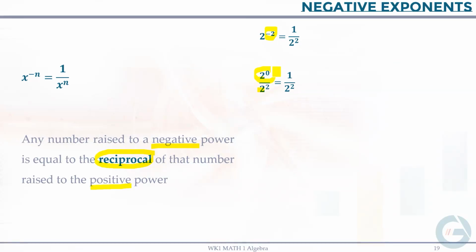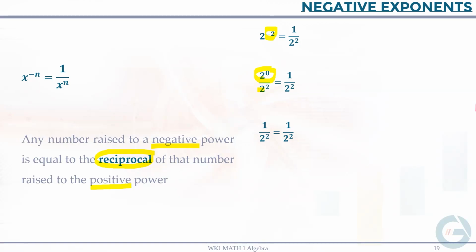Any number raised to 0 is 1. So we have 1 over 2 squared. Okay, so this is for the negative exponent. Again, you can make the negative exponent positive if you get the reciprocal of that expression.